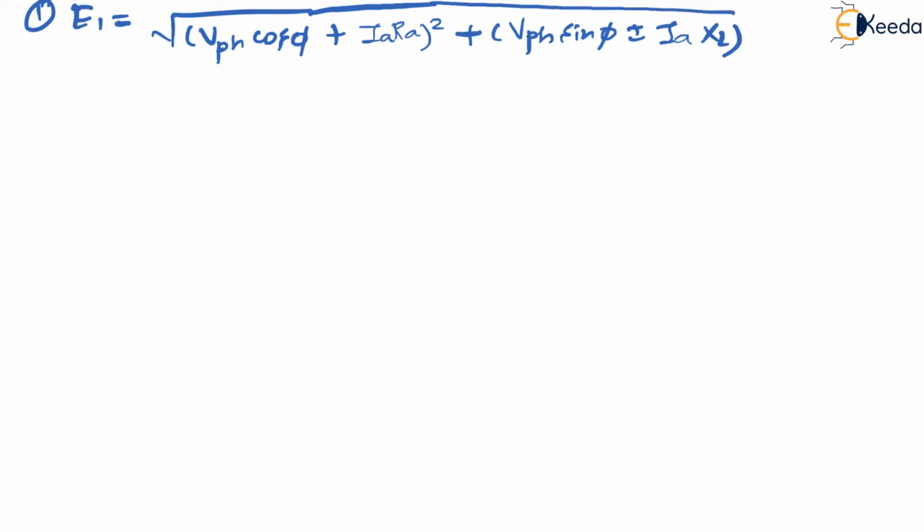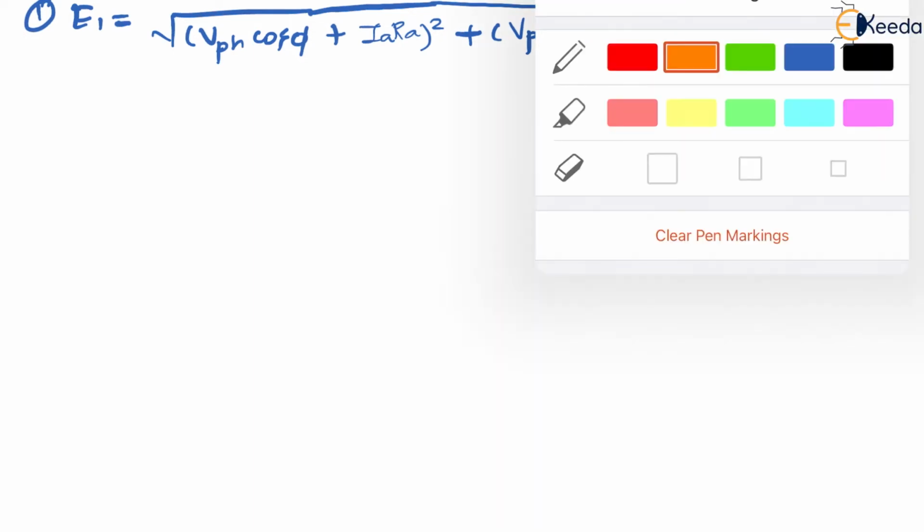In this formula, we need to know when plus has to be used and when minus is to be used. Plus is used for the lagging condition, and minus is used for the leading condition, correct? Whenever it is leading, minus is used. Whenever it is lagging, plus. Anyways, now let us see how we go about it.